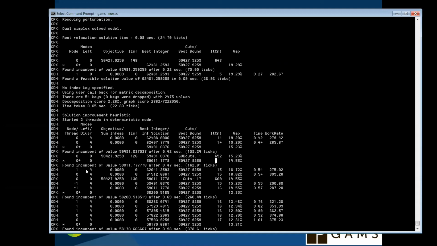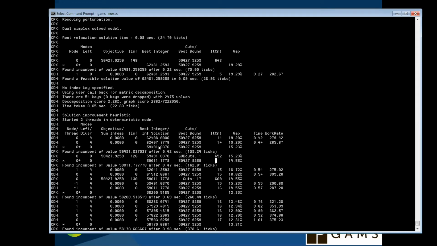We have columns representing the node that we're looking at, if we're looking at lines from CPLEX, or the thread if it's from ODH, the number of nodes left in the branch and cut search if it's from CPLEX, or in fact a measure of the problem size, which is described as divisor here for ODH, objective value of the current problem if it's CPLEX, or how infeasible it is if it's ODH, number of infeasibilities, and best solution found so far, which is the same for both solvers, and similar for both solvers will be the best bound.